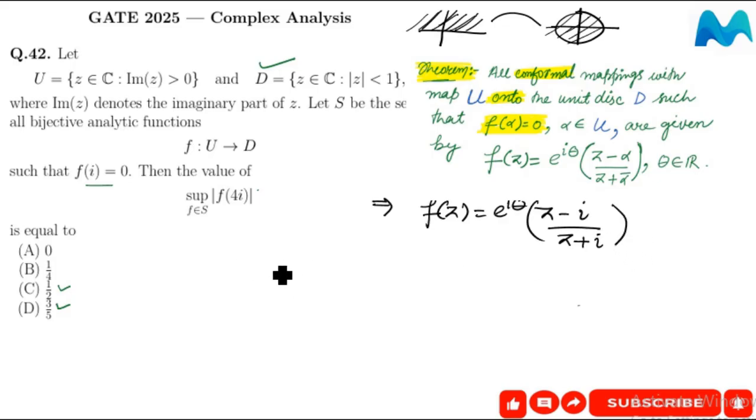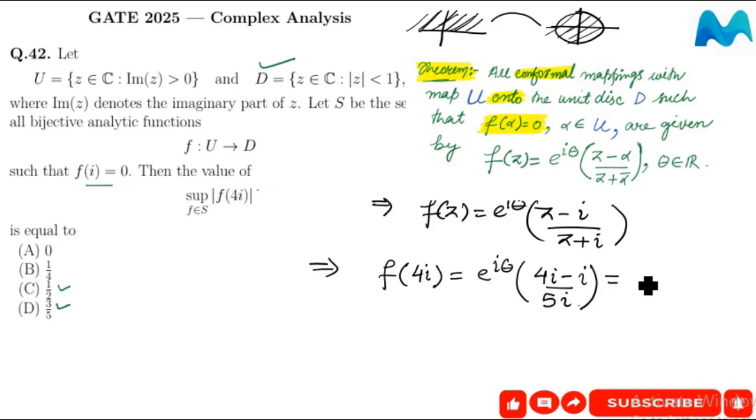So now what we have to find is f of 4i. f of 4i will be e^(i theta) times (4i minus i) over (4i plus i).